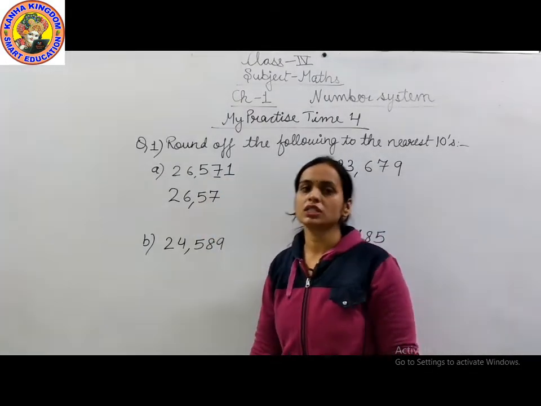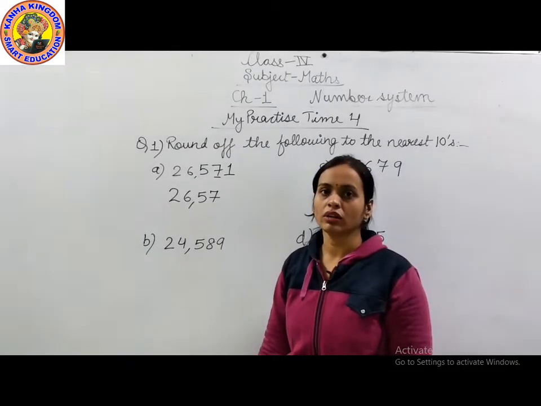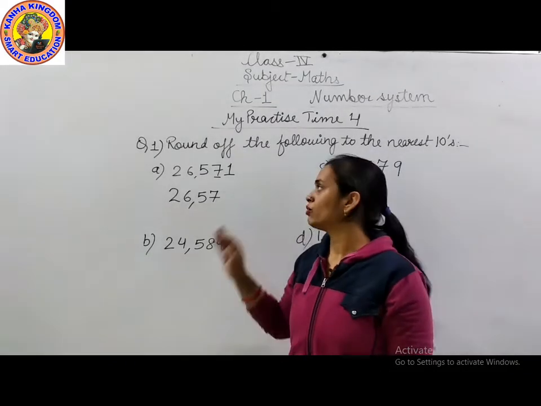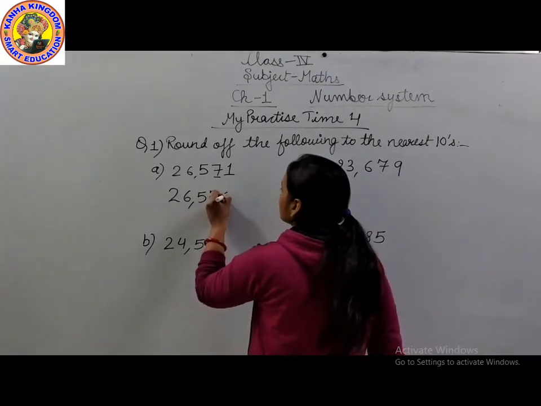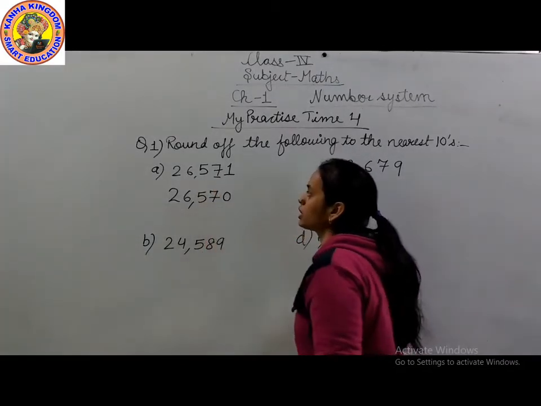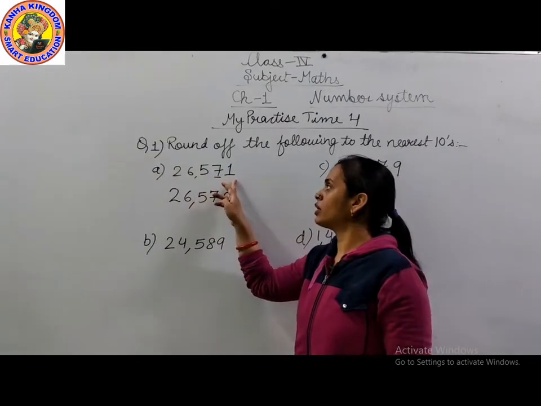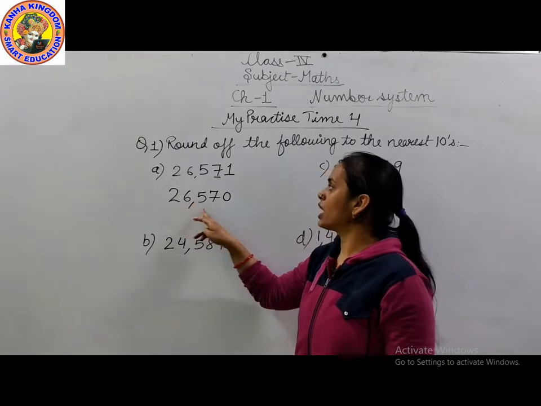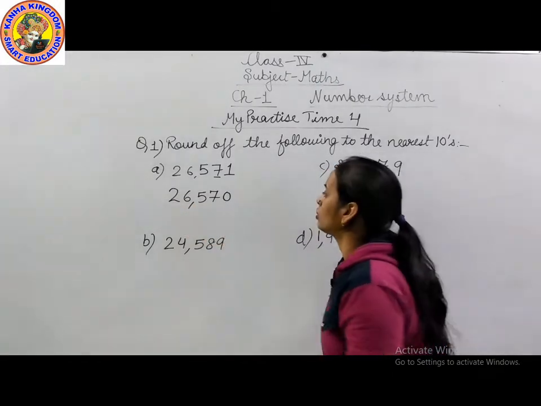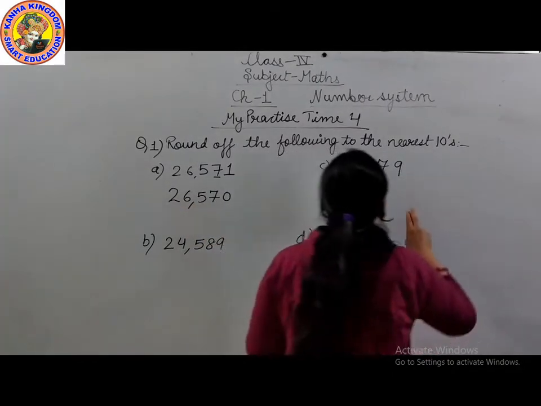If the ones digit is 4 or below 4, we write 0. Means 26,571 rounded off to the nearest 10 is 26,570.